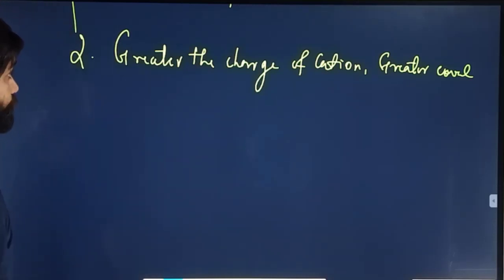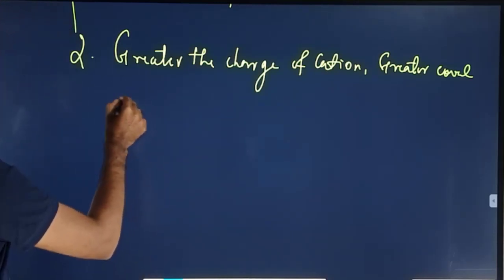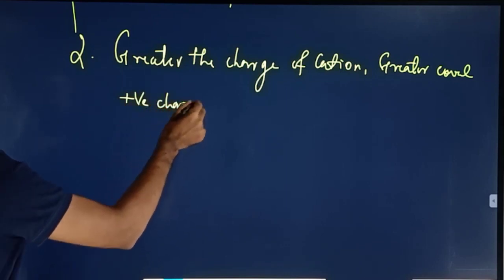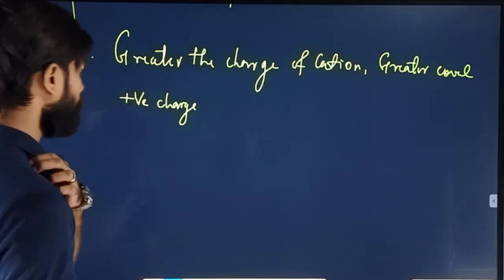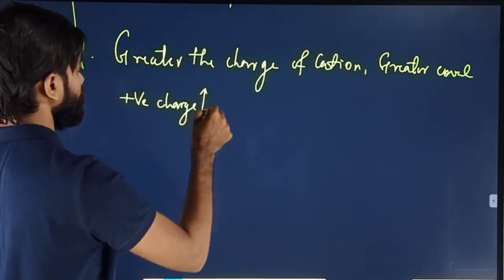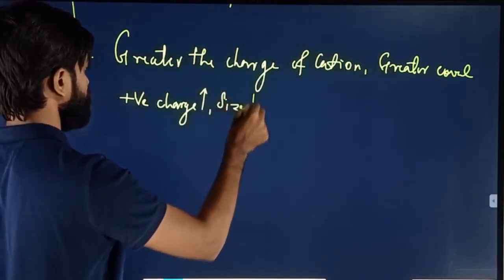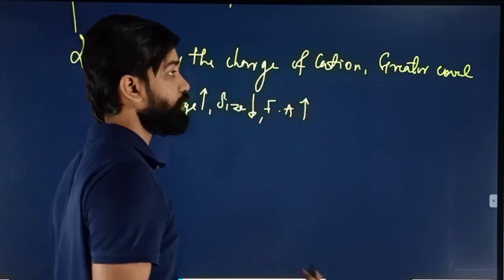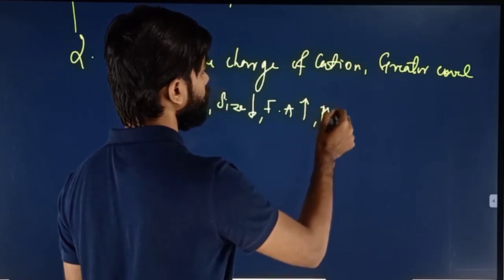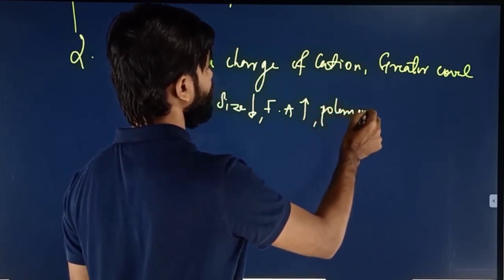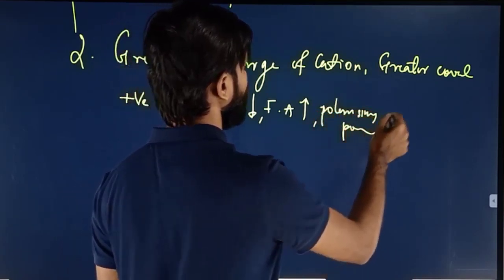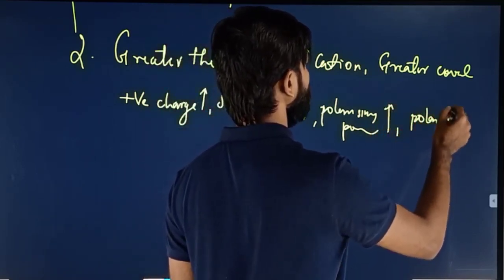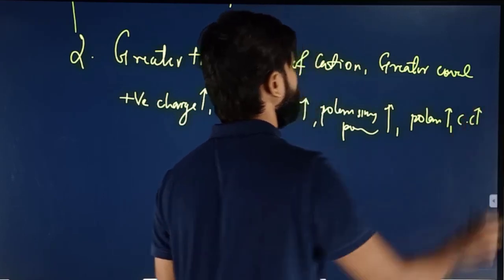And the reason is that the positive charge increased. We know that a cation with a greater positive charge is smaller. Positive charge increased, size decreased, force of attraction of cation increased. Automatically, polarizing power increased, polarization increased, covalent character increased.